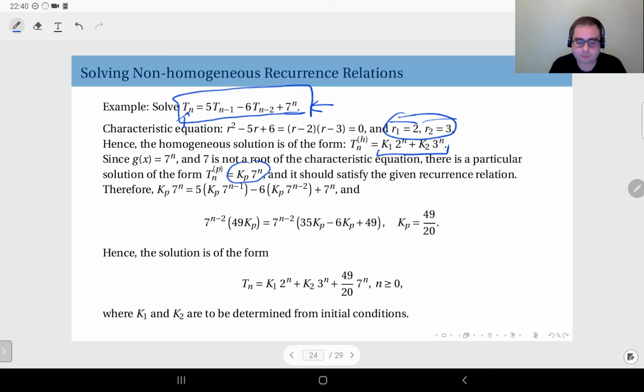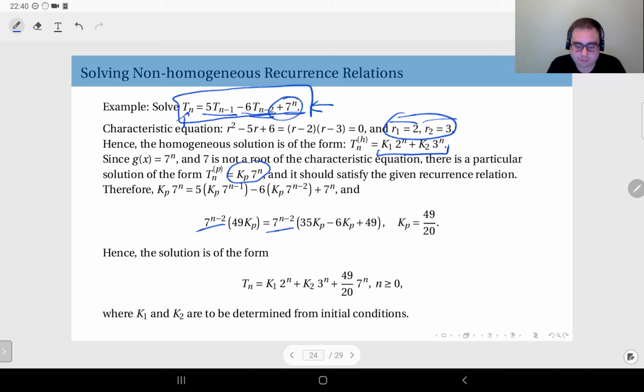Plug in here: Kp times 7 to n equals 5 times Kp times 7 to n minus 1, minus 6 times Kp times 7 to n minus 2, plus 7 to n. Arrange the terms, gather the terms in 7 to n minus 2 parentheses, cancel them out.